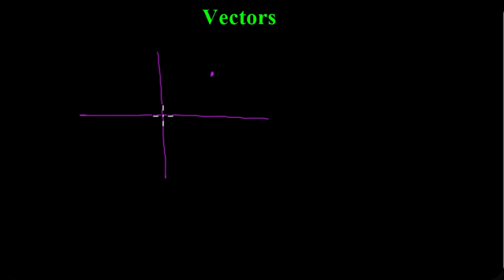If I trace this line down, I'll have an x value. If I trace this line across, I also have a y value. So I can describe this point using x, y. We did this in the previous video. So how else can we describe this point without using a Cartesian coordinate system?